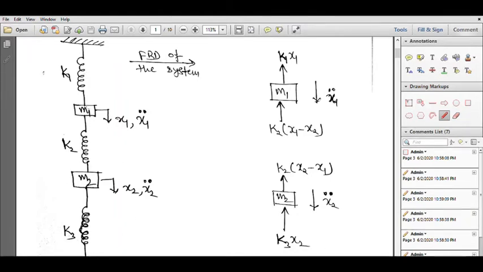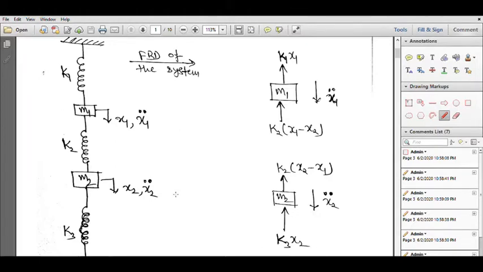The mass 1 will have a vibrational displacement of x1 with the acceleration x1 double dot. Similarly, the mass 2 will have the vibrational displacement x2 along with the acceleration x2 double dot.